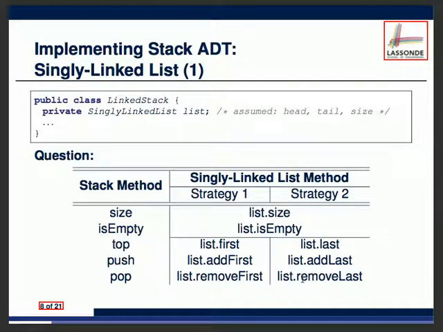And similarly, for the second one, you remove the last. And we know that remove first and remove last for singly linked lists are different in terms of their running time. So now, for you as an implementer, which strategy should you choose? One or two? First one, right? Because the second one is pretty much the same, but whenever you do pop, it's going to be linear rather than constant. Okay?